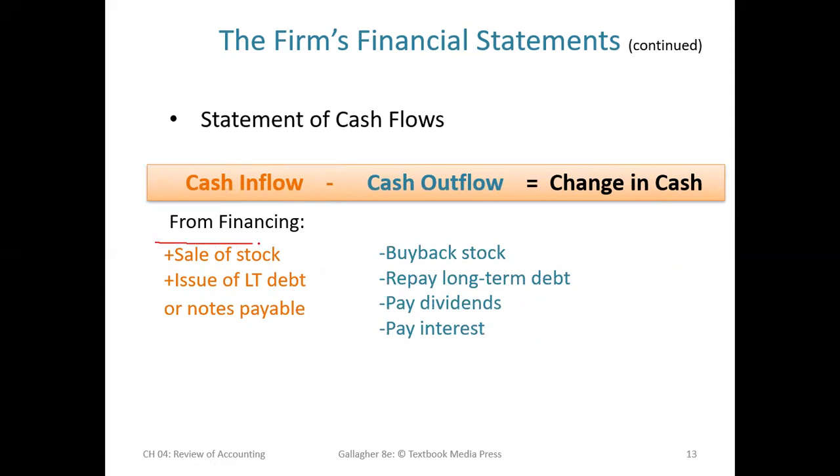Those two are the major ways that a company can raise capital: issue stock or issue long-term bonds, long-term debt, or notes payable. Notes payable is a major item. Usually, we consider notes payable as long-term because most notes payable are 5 years, no more than 10 years.